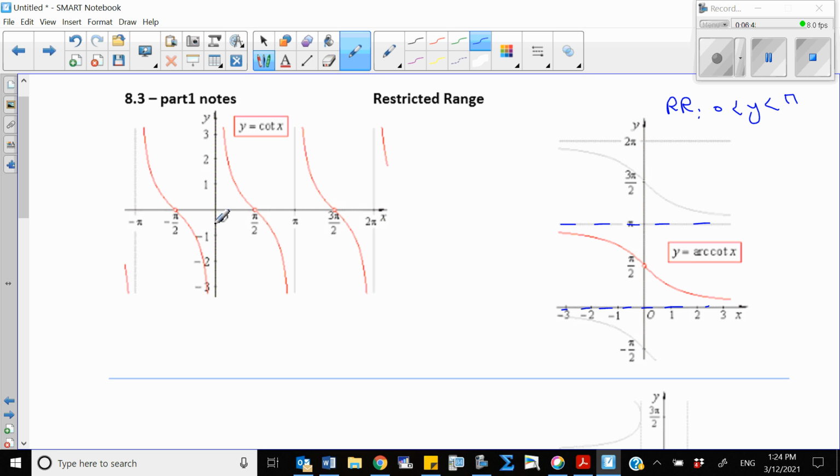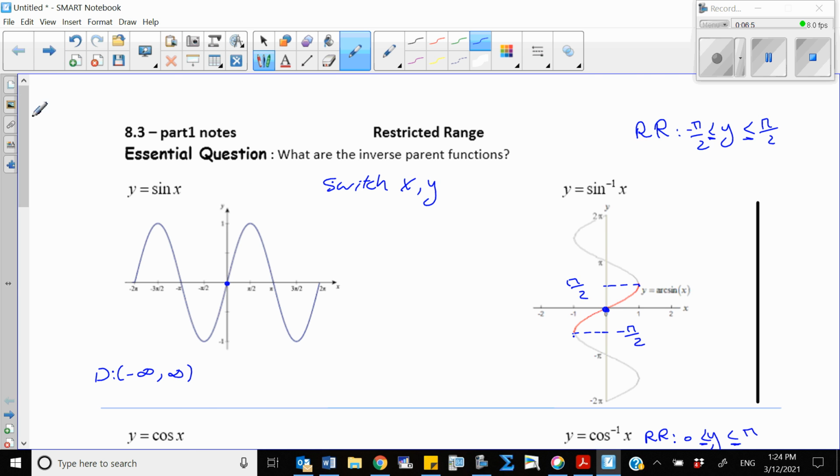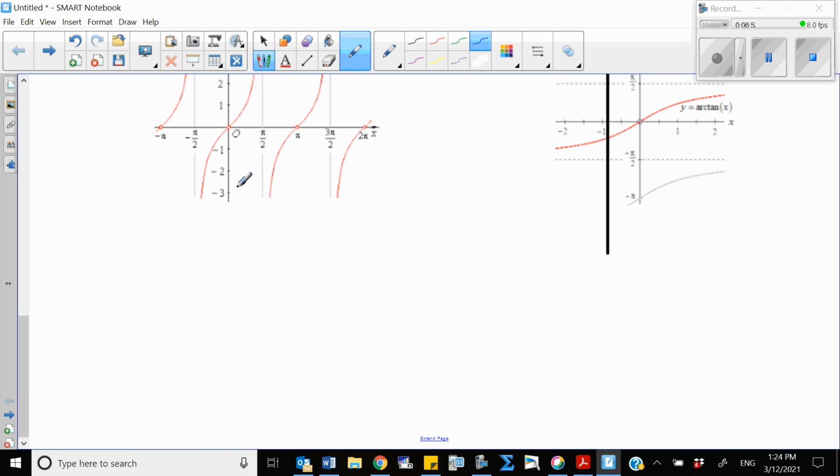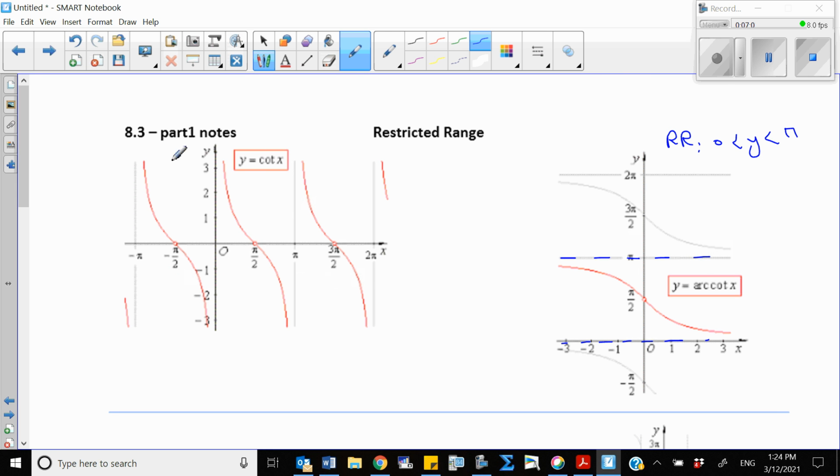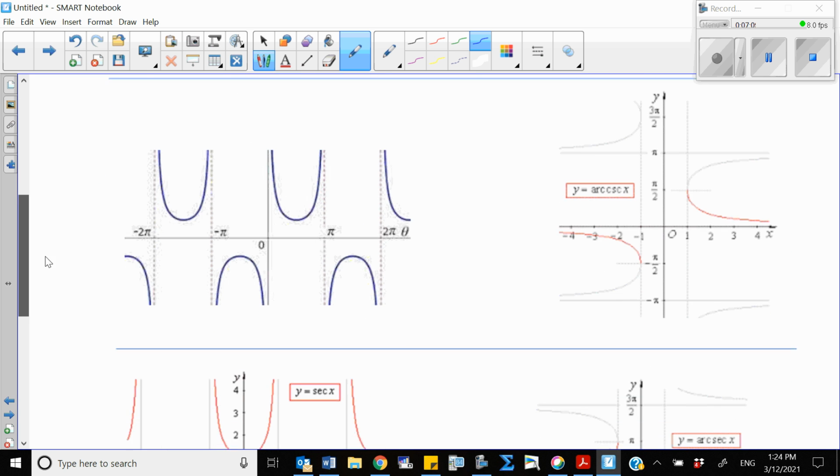Oh, I'm sorry, let's do it again. Tangent is increasing, so tangent -1 is also increasing. Cotangent is decreasing, cotangent -1 is also decreasing.